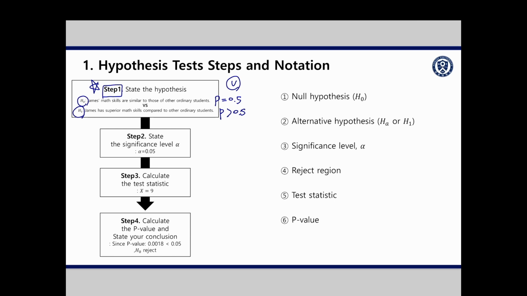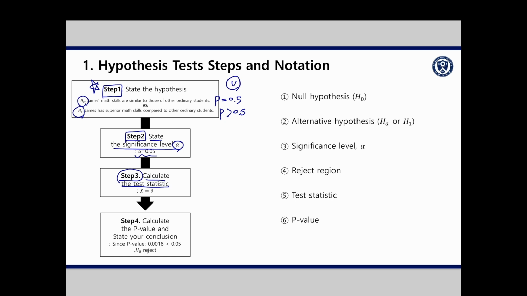Okay. Now step 2 is to set the significance level, that is alpha, which is chosen as 0.05 in this example.